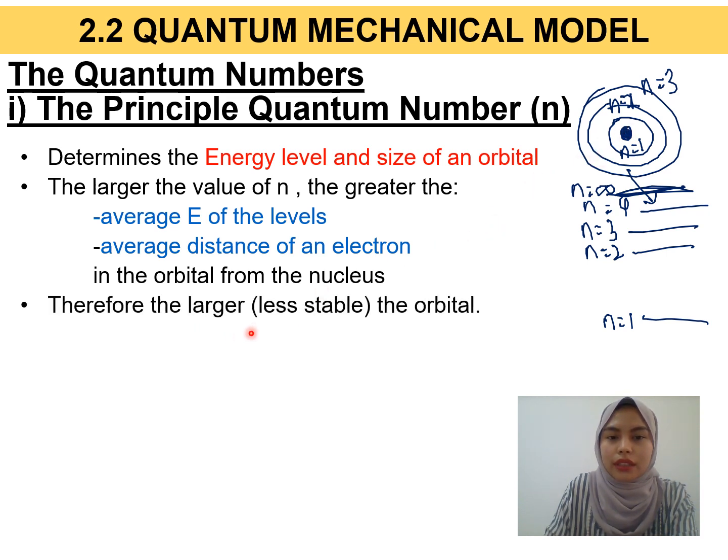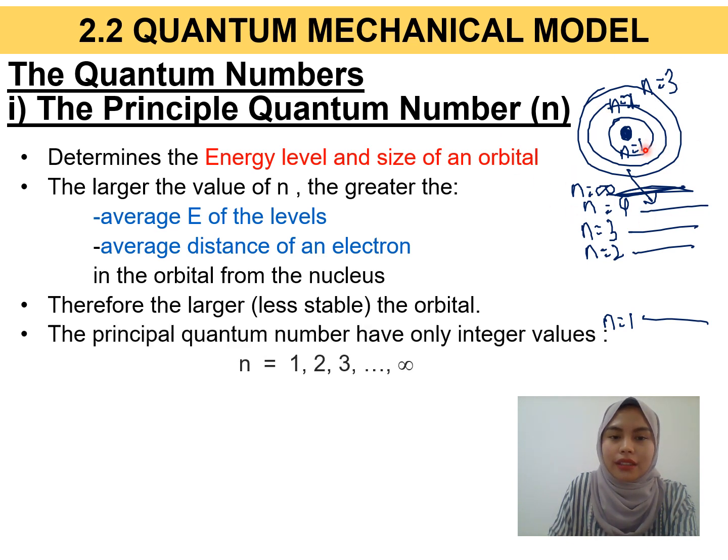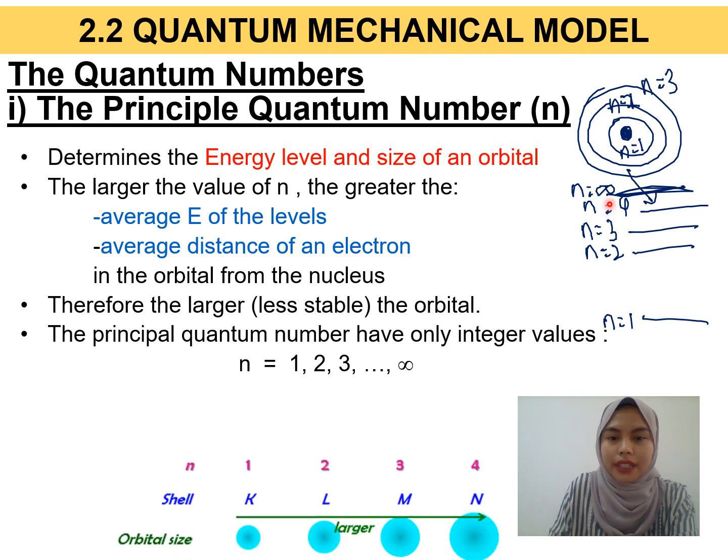Therefore, the larger the orbital, the less stable it is. So if the electron is at a higher energy level, the electron becomes less stable. And the principal quantum number has only integer values, that is, whole numbers only: 1, 2, 3, 4 up until infinity.